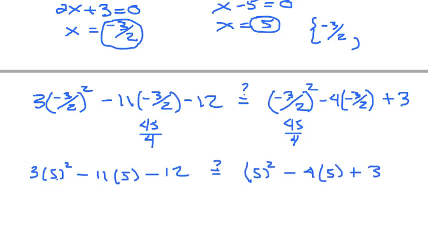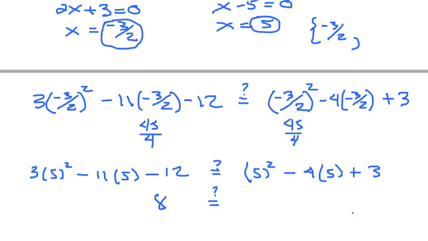Okay, so we got 5 squared is 25. 25 times 3 is 75 minus 55. Oh my God, you keeping up with all that? I'm barely keeping up with it. Minus 5 is 55, then minus 12. I don't know. I had to cheat, to be honest with you. So we got 8. And what about this over here?